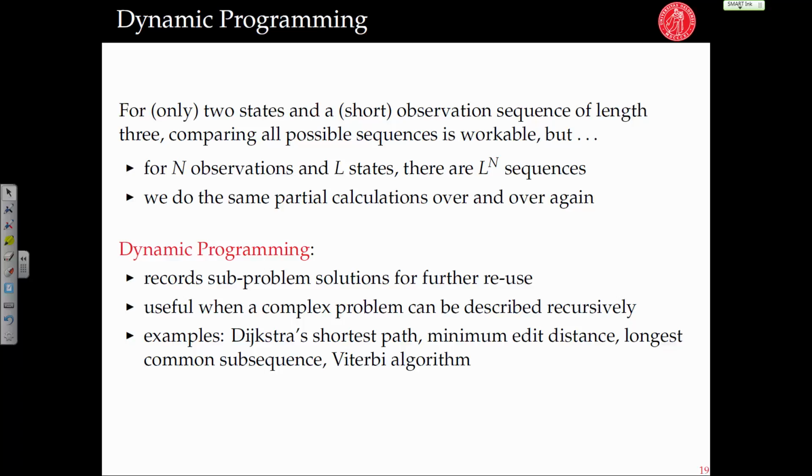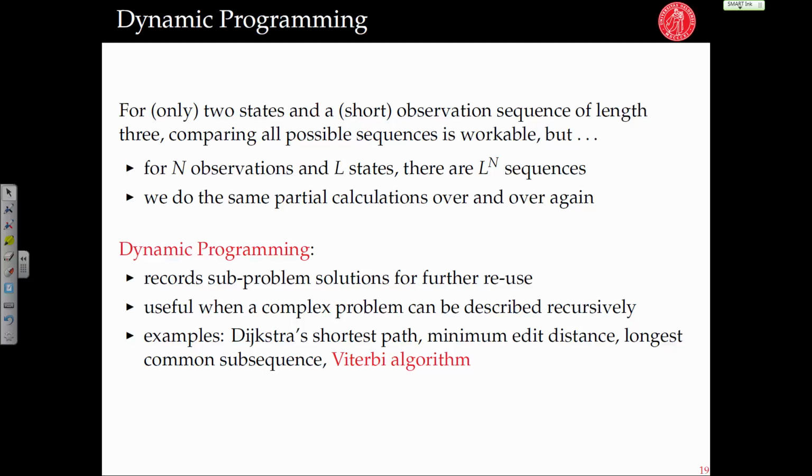Of course, the problem that we want to solve with dynamic programming should be expressible recursively. You have probably seen examples of dynamic programming algorithms: shortest path, minimum edit distance, longest common subsequence, etc. We are interested in the Viterbi algorithm.